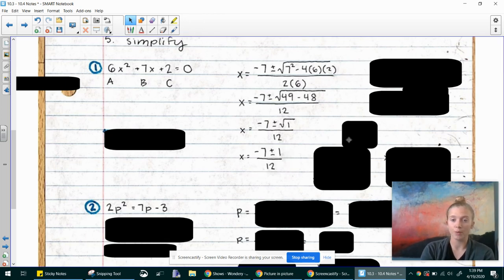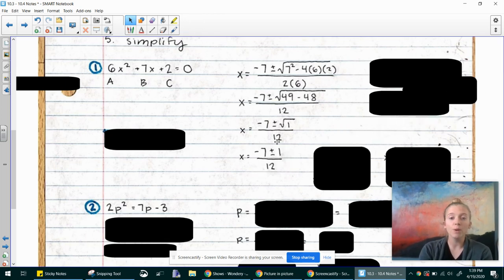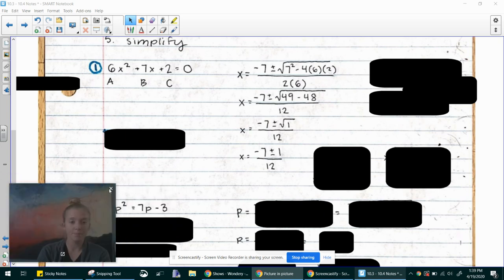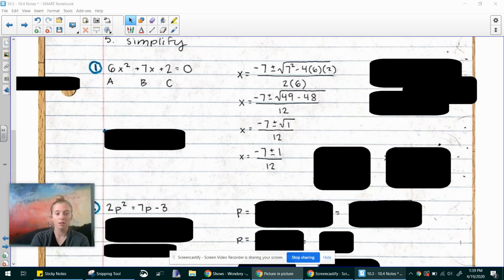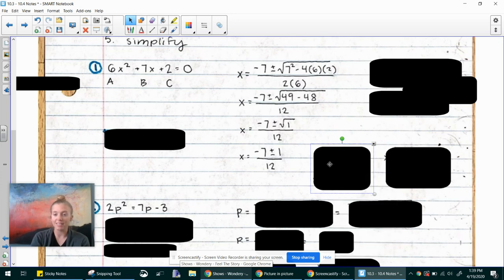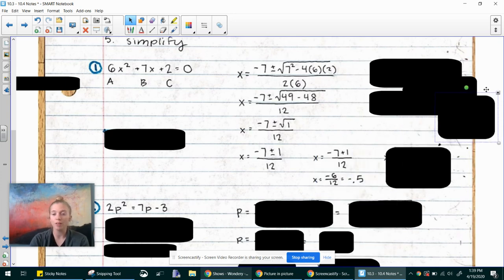So that brings us to our next step. Now we are going to use this plus or minus to separate our equation into two equations. Negative 7 plus 1 and negative 7 minus 1. So negative 7 plus 1 divided by 12 is the same as negative 6 over 12, which equals negative 0.5.